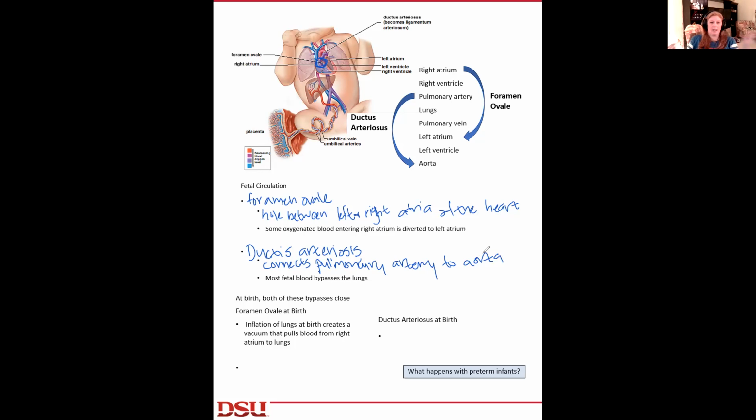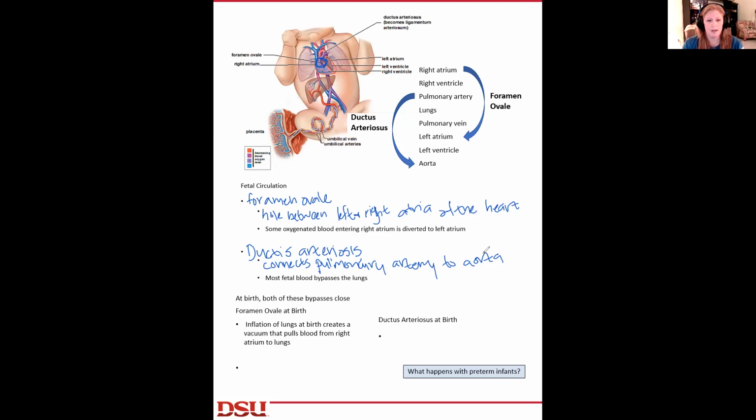Again, I've already told you that most of that blood is going to completely bypass the lungs, and the blood that is going through the lungs is not there to be oxygenated or deoxygenated. It's there to help the lung tissue grow. So at birth, both of these bypasses in the fetal circulatory system are supposed to close.